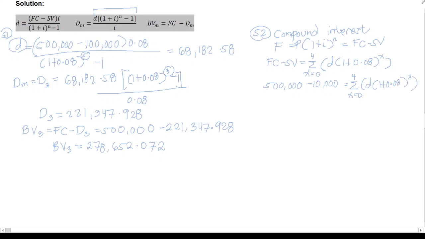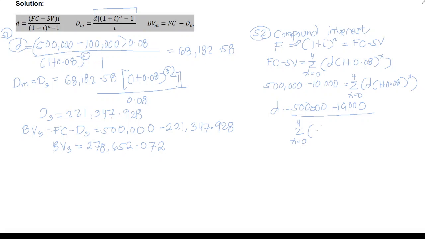Okay, so computing the depreciation, we just divide by its coefficient. What remains there is 500,000 minus 10,000, so that is the future worth already, first cost minus salvage value, divided by the summation, 0 years until the fourth year, multiplied by 1 plus 0.08 raised to x already.